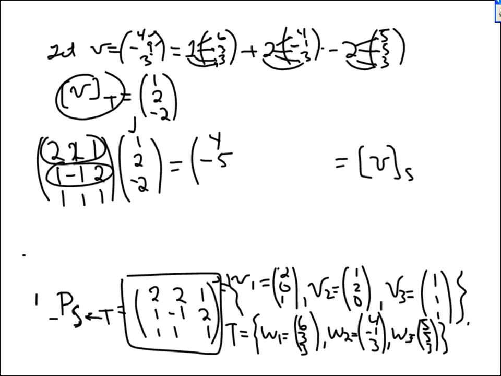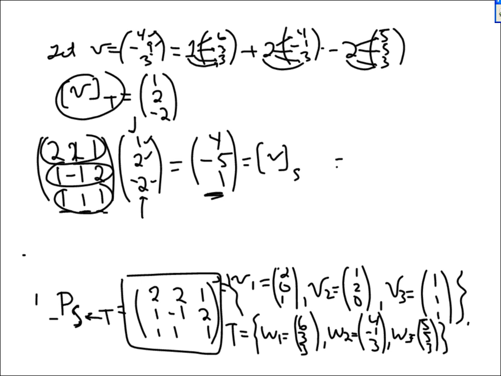And when I dot the last row with that column, since all the coefficients are 1, I just add up these numbers, because when I multiply each of those numbers by 1s, I get those numbers. 1 plus 2 minus 2 is 1. Now, this here is supposed to be the coordinate for vector v with respect to s. And either it is or it isn't. Let us verify that this process works.